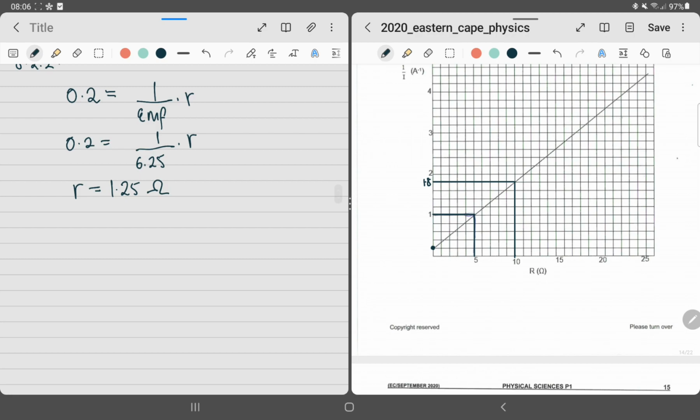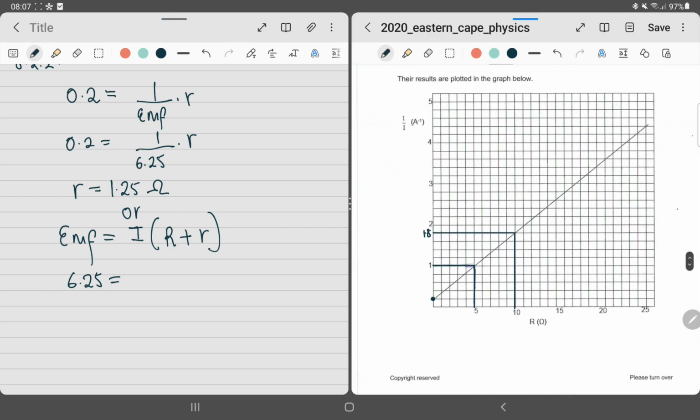Another way that you can find the internal resistance, you can say the EMF should be equal to the current multiplied by R plus the internal resistance. You know that the EMF is 6.25. That right there should be the inverse of the current. So you just pick any point.